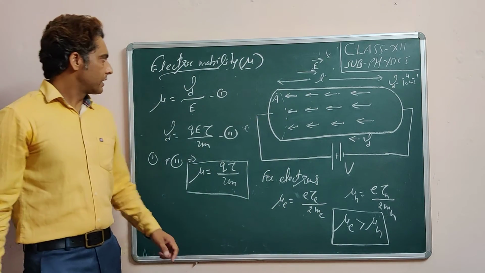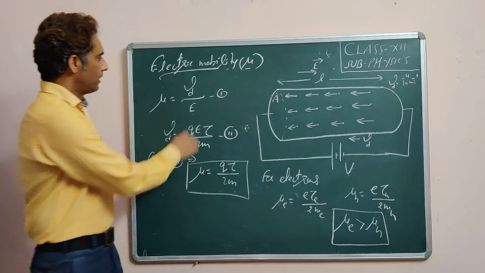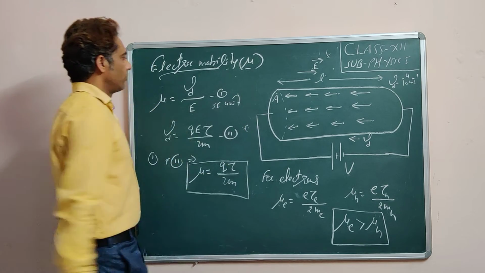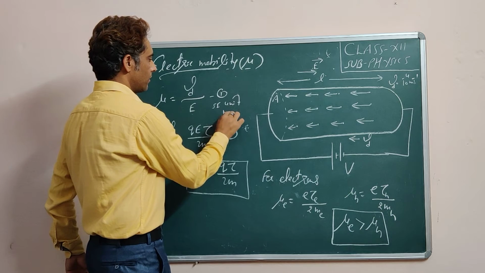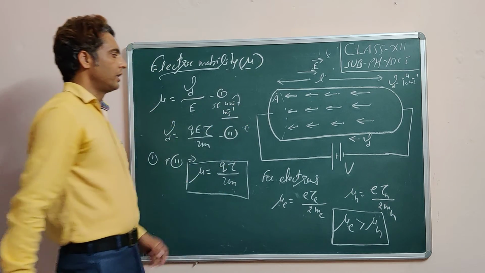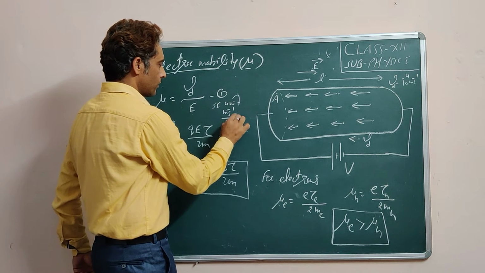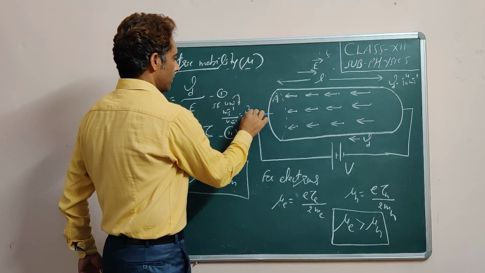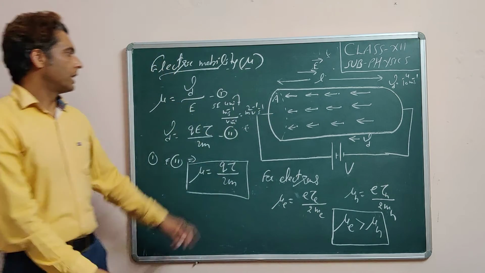We have not written the SI unit of this mobility, so let us write it. The unit of velocity is meter per second, and the unit of electric field is Newton per coulomb or volt per meter. So this will be equal to meter square per volt per second.